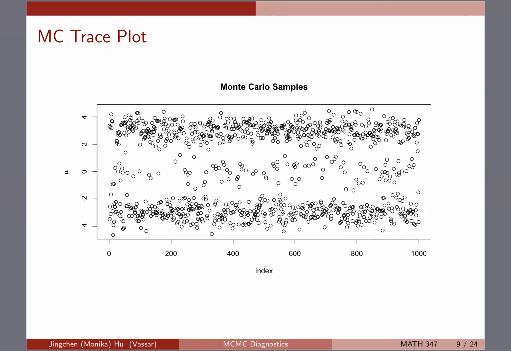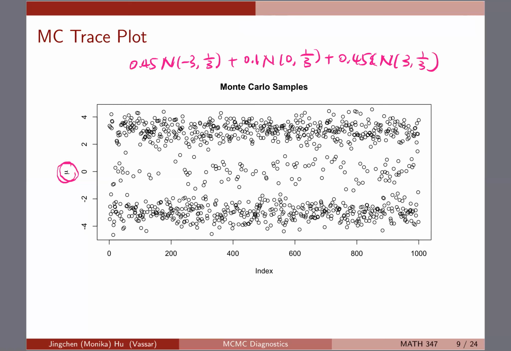So the reading of this graph is you should look at the y-axis, which is telling you the mean, right? And we know the mixture: it is 45% from normal(-3, 1/3) plus 10% normal(0, 1/3), and then plus 45% normal(3, 1/3), right?